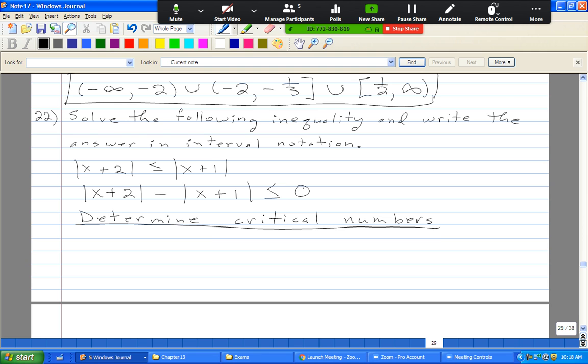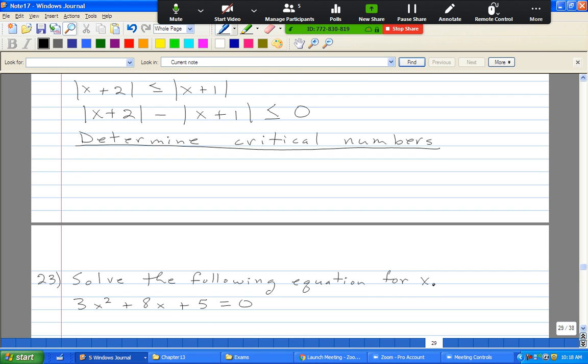Okay, so now let's determine my critical numbers. I'll set each of these equal to 0 and solve for x. So x is equal to negative 2, subtracting 2 from both sides, or x is equal to negative 1, subtracting 1 from both sides.